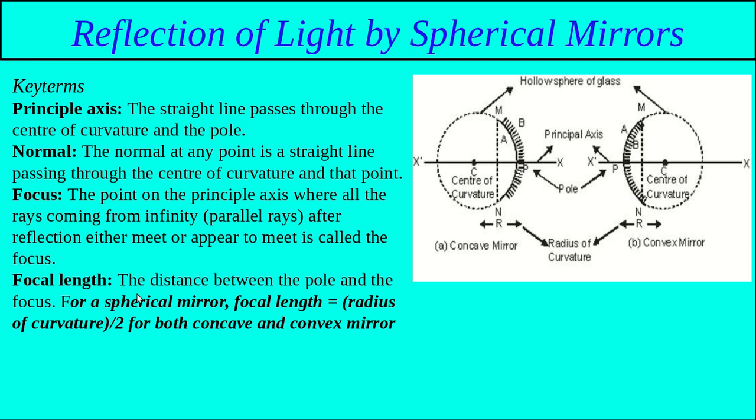The focal length is basically the distance between the pole and the focus. For a spherical mirror, the focal length is basically half of the radius of curvature.